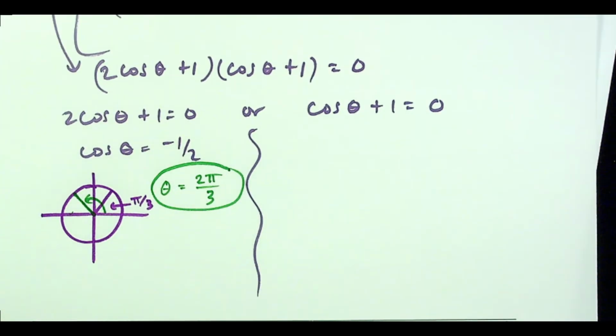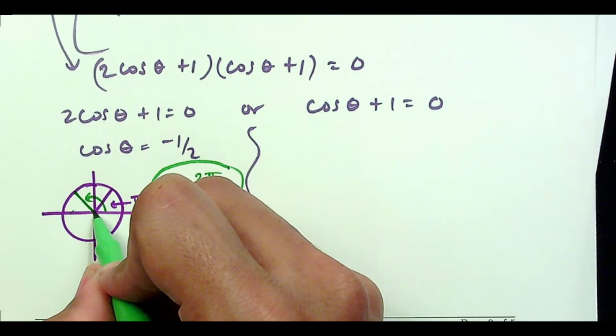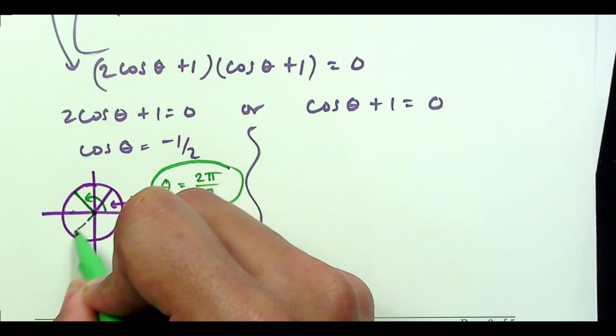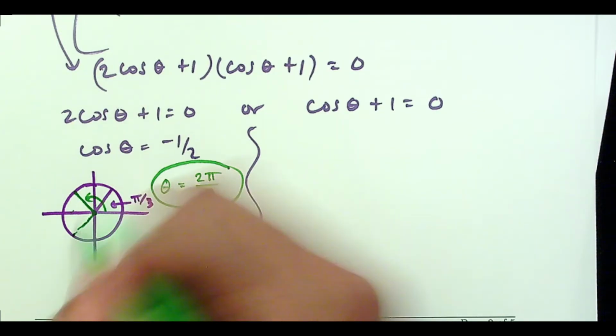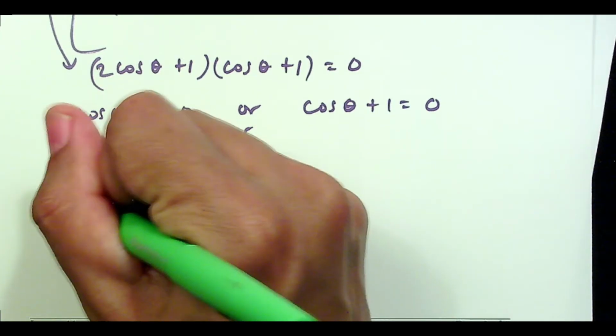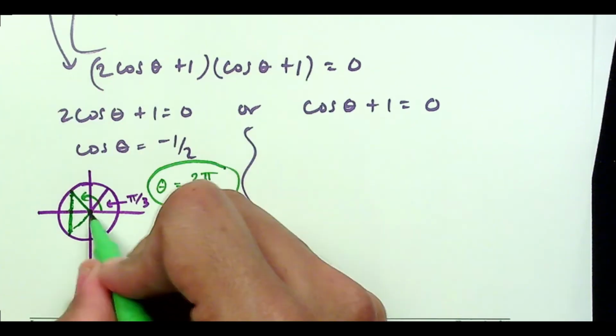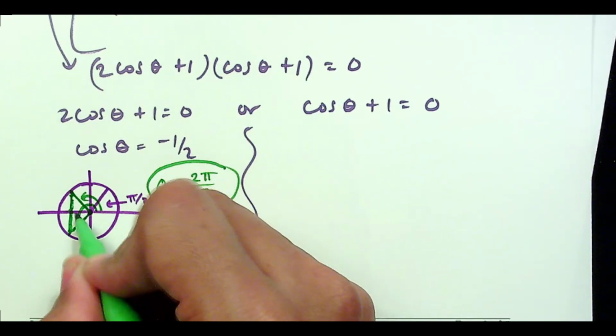There's another angle, though, whose corresponding point on the unit circle also has x-coordinate equal to negative a half. In other words, there's another angle with the same x-coordinate, and that is this one right here.